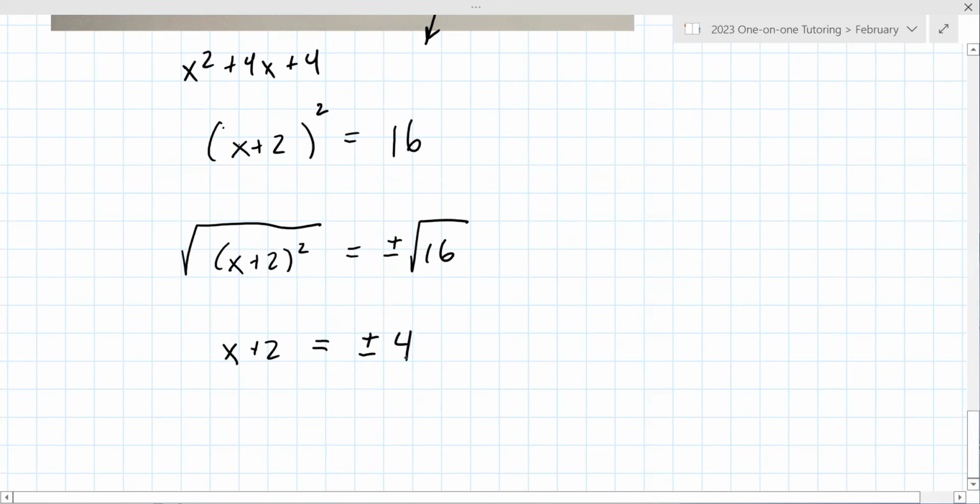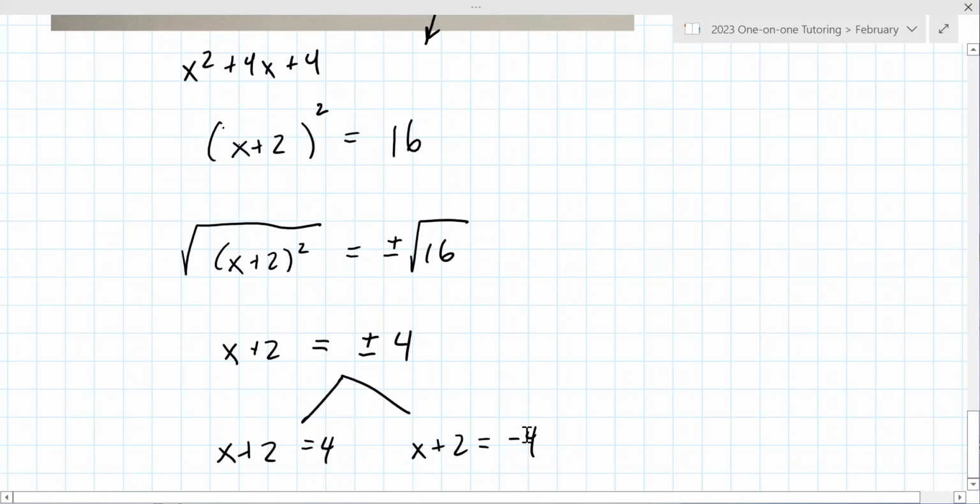Oh yeah. Very important. It's both, because you have two answers. You always have two answers to these things. So it's x plus 2 equals 4, x plus 2 equals minus 4. Again, notice I'm writing the same thing on the left.